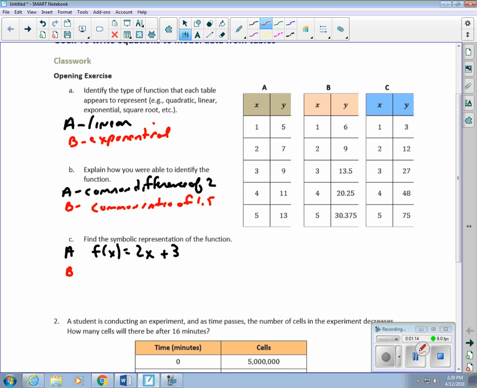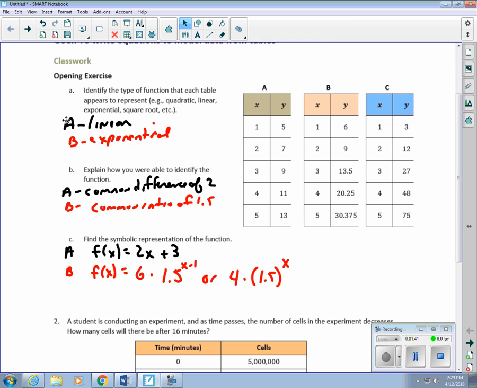And so for B, we would write f of x equals 6 times 1.5 to the x minus 1 power. Or if we took it back to when x is 0, 4 times 1.5 to the x power. Okay? Either one is interchangeable. Depends upon whether you start with the y-intercept or you start with the first value.